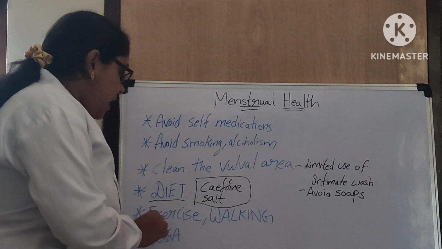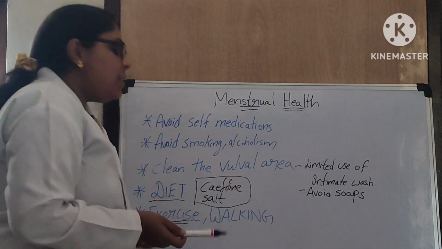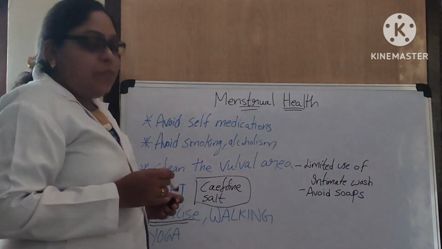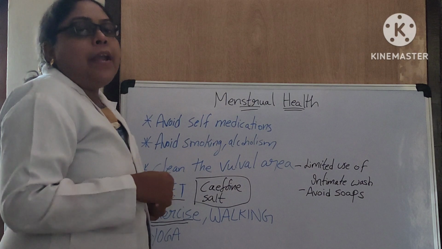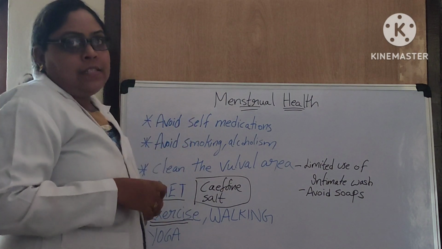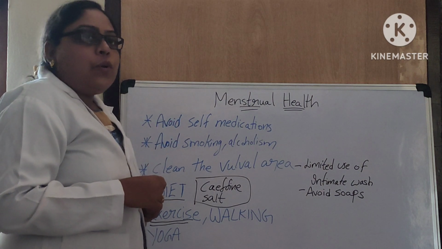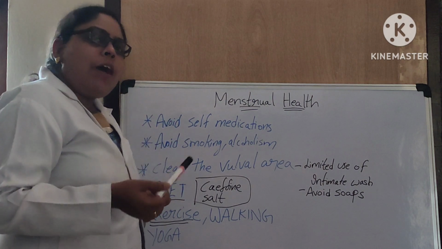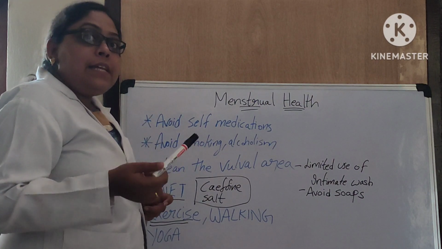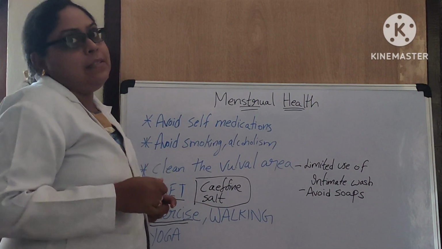And next is exercise. Many women, when they experience the menstrual period, don't do any work. Many women immediately stick to their beds. It is not good. During the menstrual time you have to walk and do exercises. It relaxes the uterine muscles.